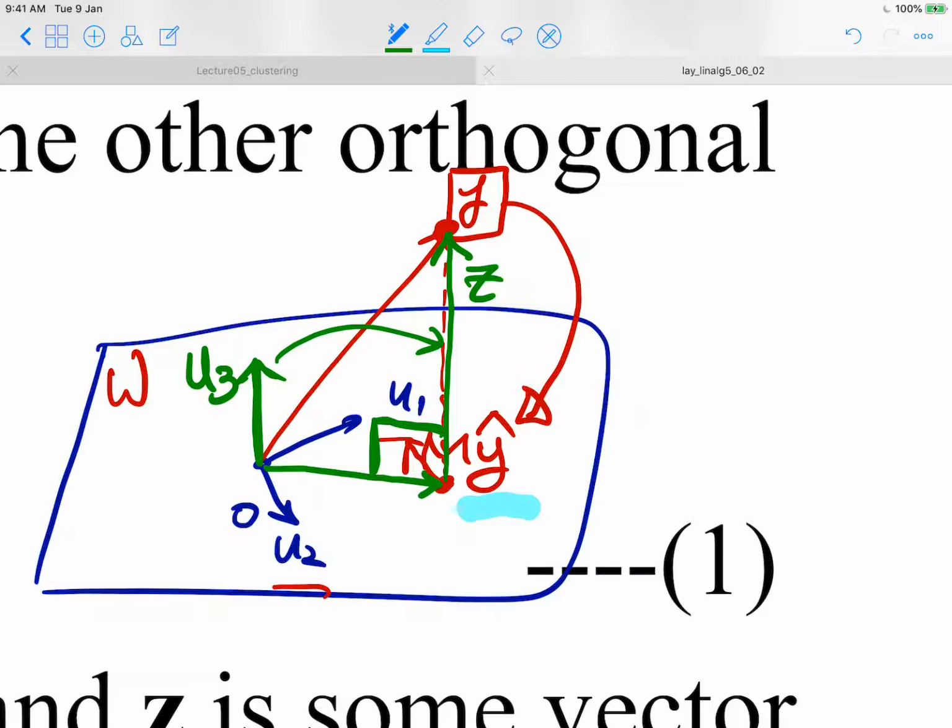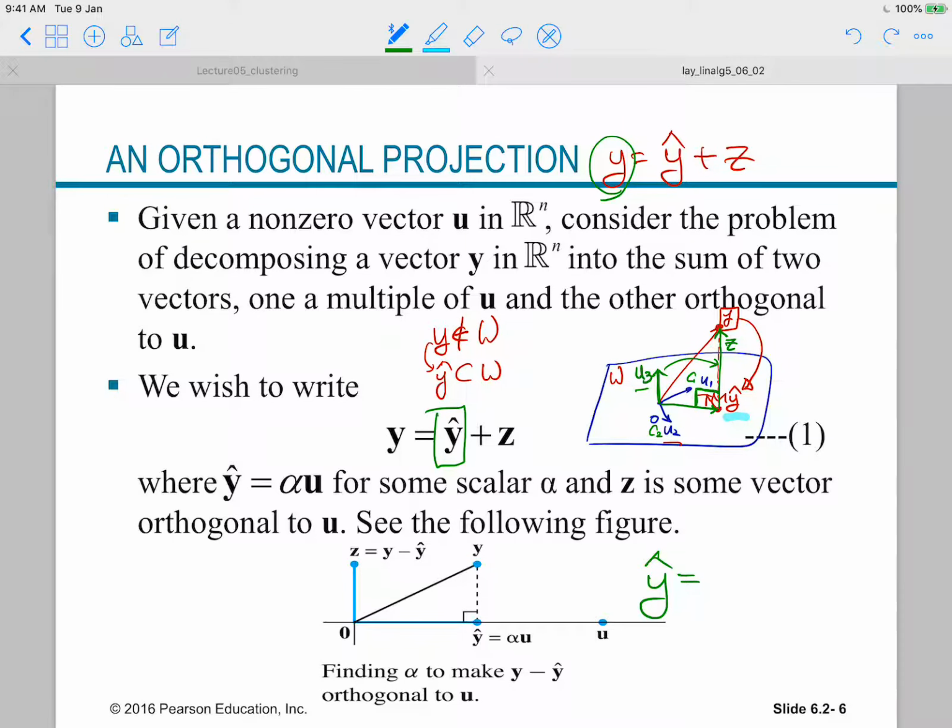So even if we have u3, because u3 is orthogonal to u1 and u2, the linear combination coefficients with respect to u1 and u2 will not be dependent on u3, right? So that is another intuitive understanding of why this theorem should be true, or why this relationship holds true.